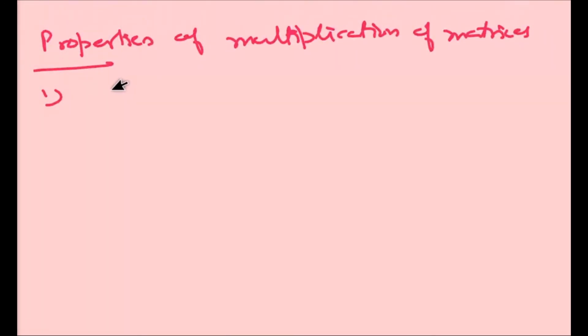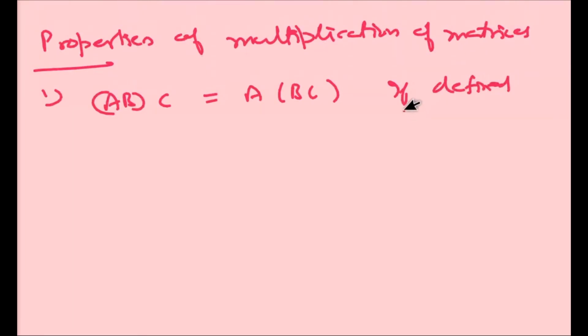Now number 1, (AB) into C equal to A (BC), if defined both sides. That is the associative law. If both sides are defined, then it follows this.